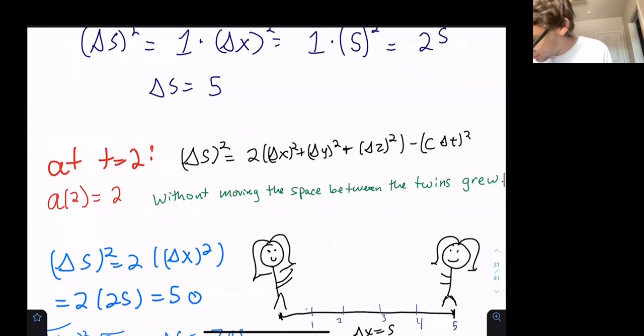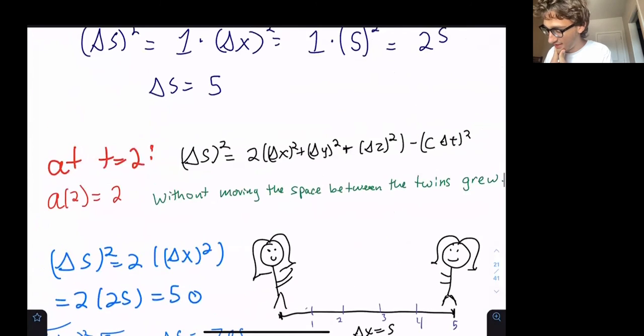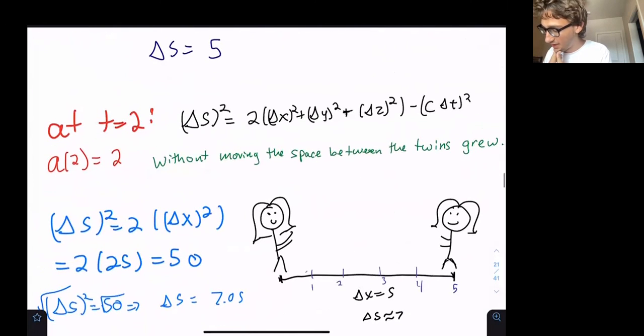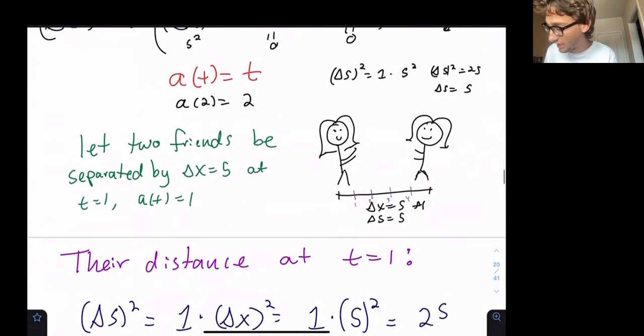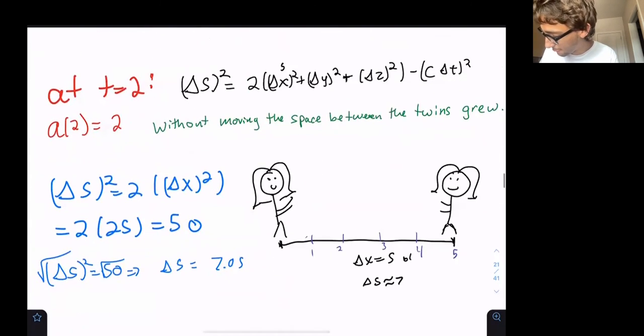When you multiply this by 2, we plug in 5 for delta x. They're still only 5 blocks from each other. You could say blocks, that's even better. 5 blocks from each other instead of feet. So now they are 5 blocks from each other.